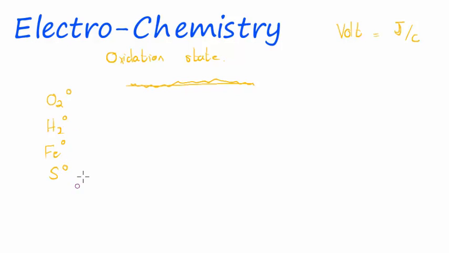Okay, but if it is in a bond with another element, the oxidation number is the number of electrons that it had received or given away in order to be in that reaction.